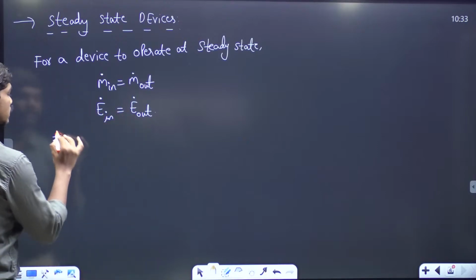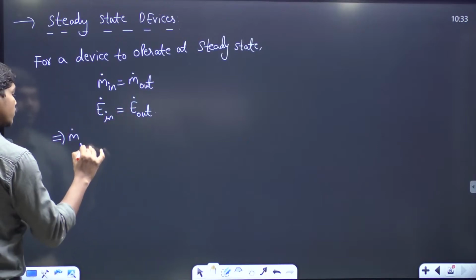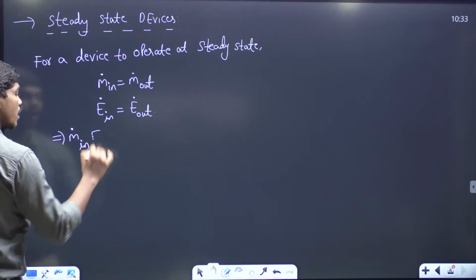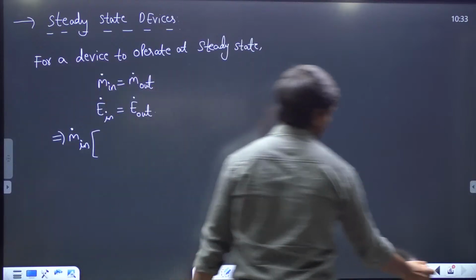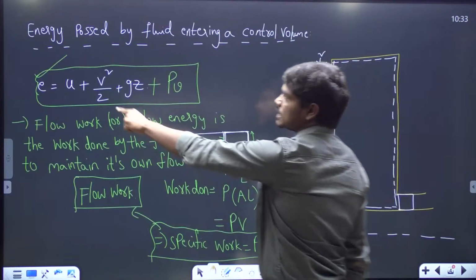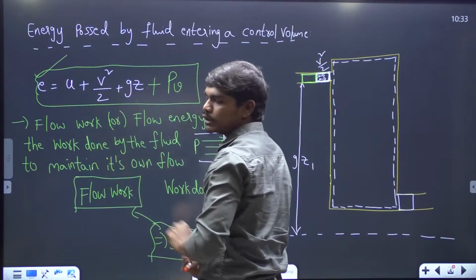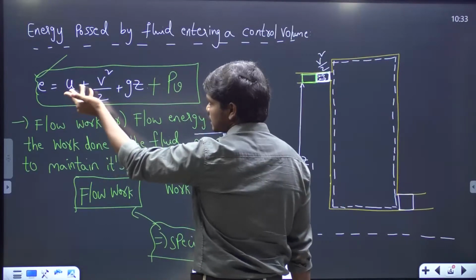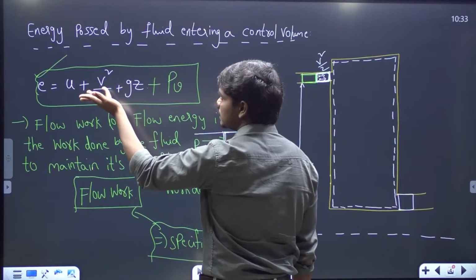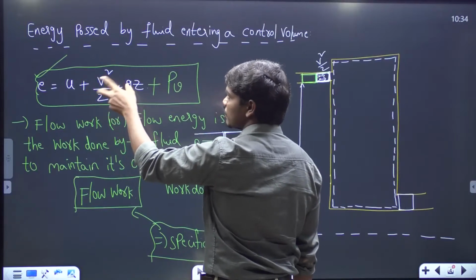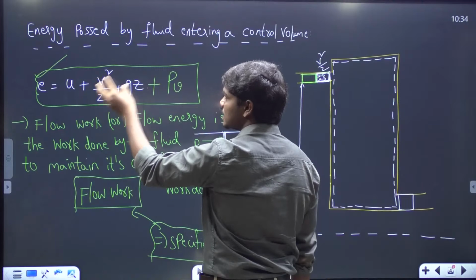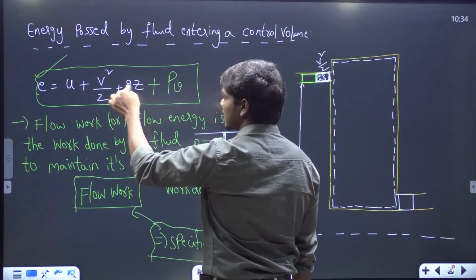So this implies m dot in into the specific energy possessed by the system per unit mass. Internal energy, I have denoted small terms. For velocity, kinetic energies and potential energies, I didn't write mass here.